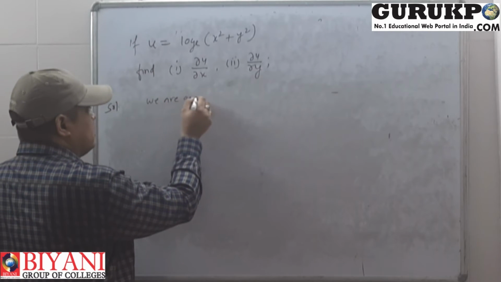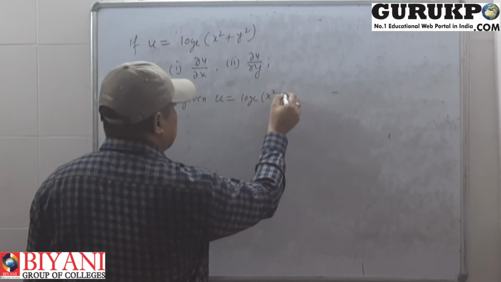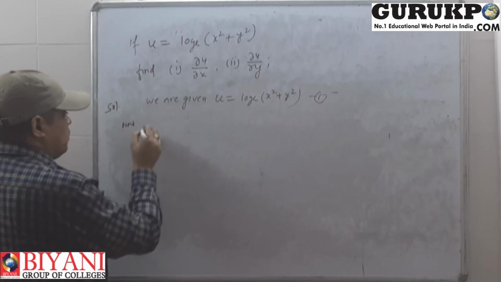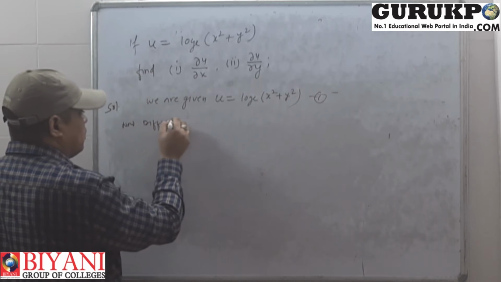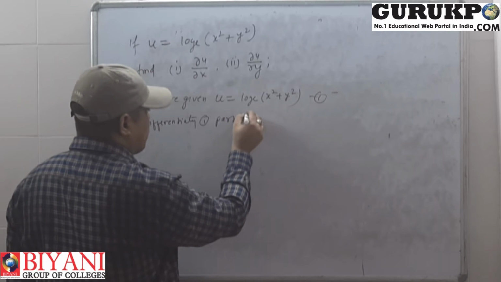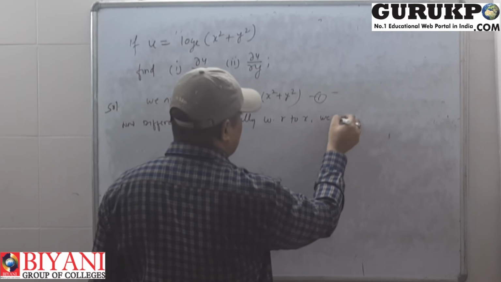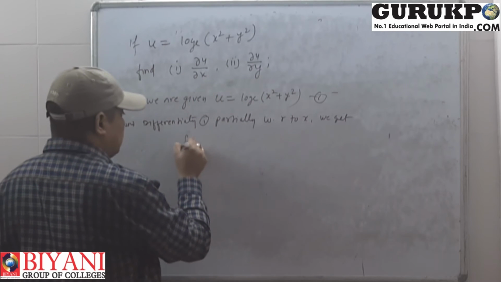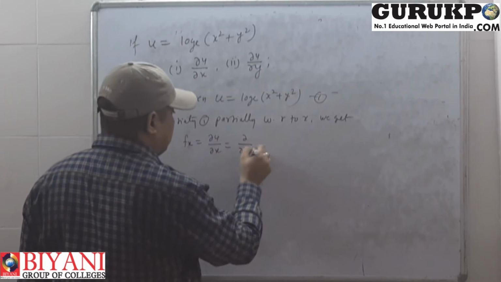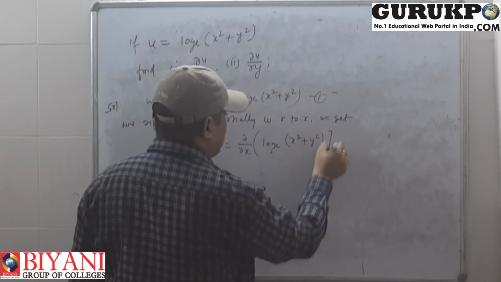We are given the function u is natural log of x square plus y square. This is number 1. Now differentiating 1 partially with respect to x, we get f of x del u by del x, del by del x of log of x square plus y square.